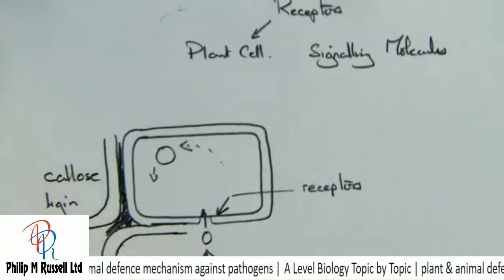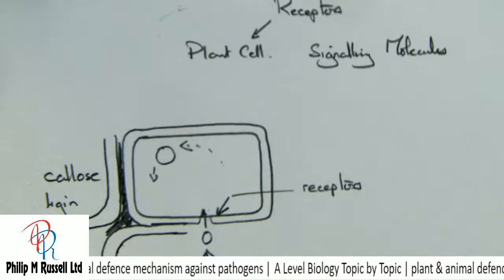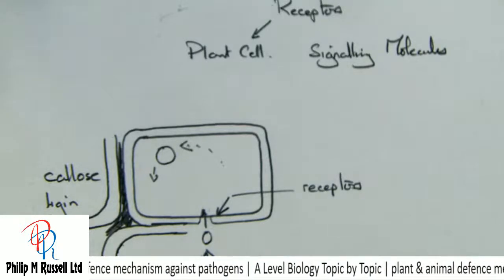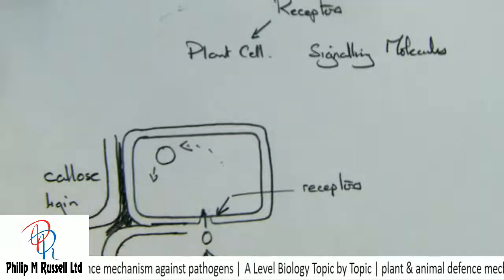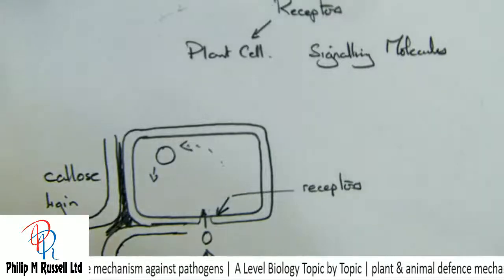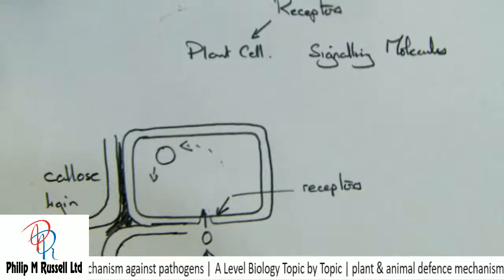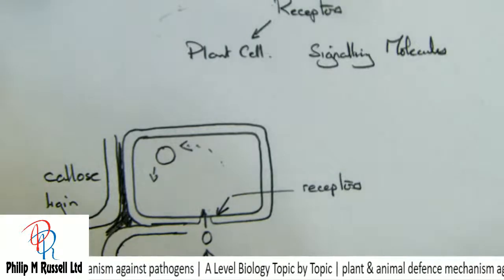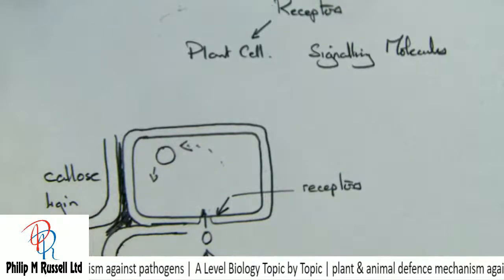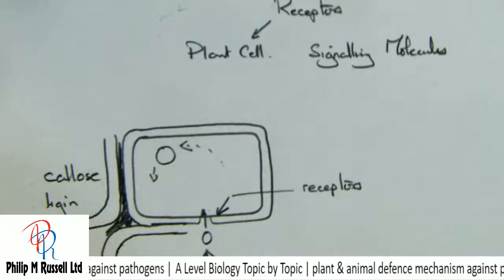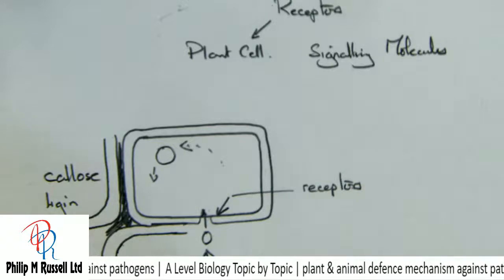This acts as a barrier, and this tries to prevent pathogens entering the plant cells. Large amounts of this stuff continue to be deposited in the cell walls after any sort of viral infection. Lignin is then added, making more of a mechanical barrier, and that makes this even thicker and stronger.